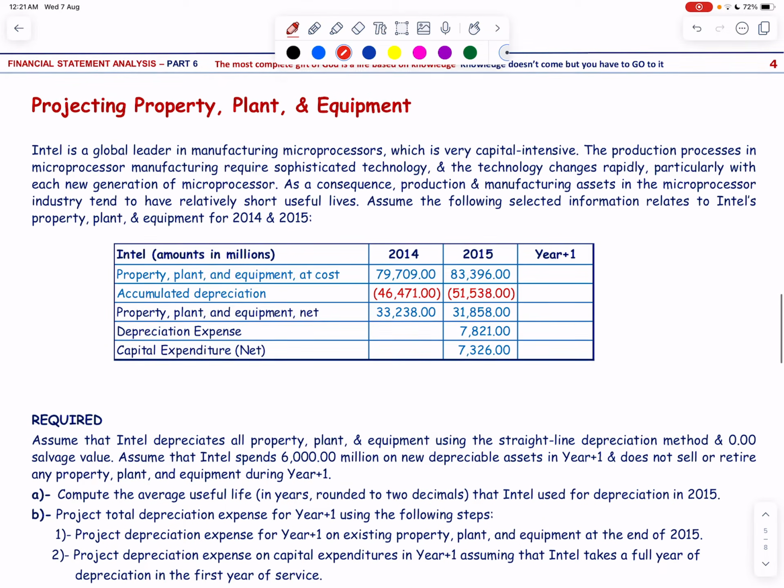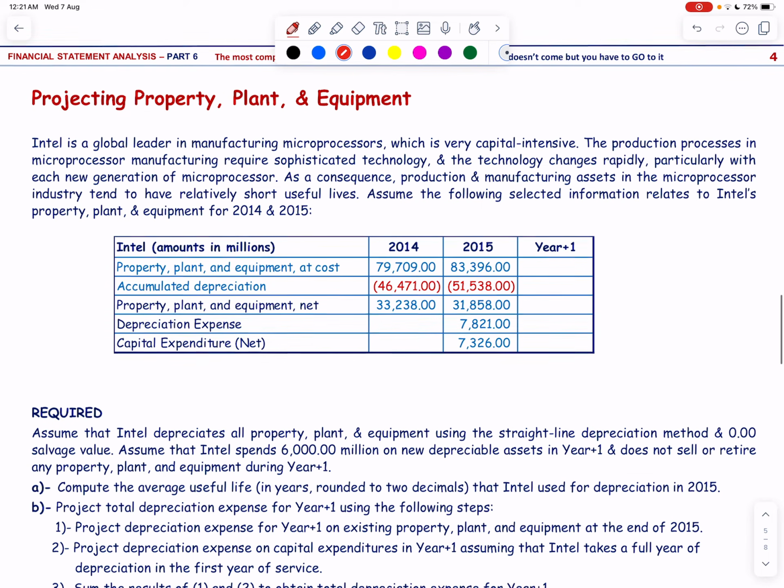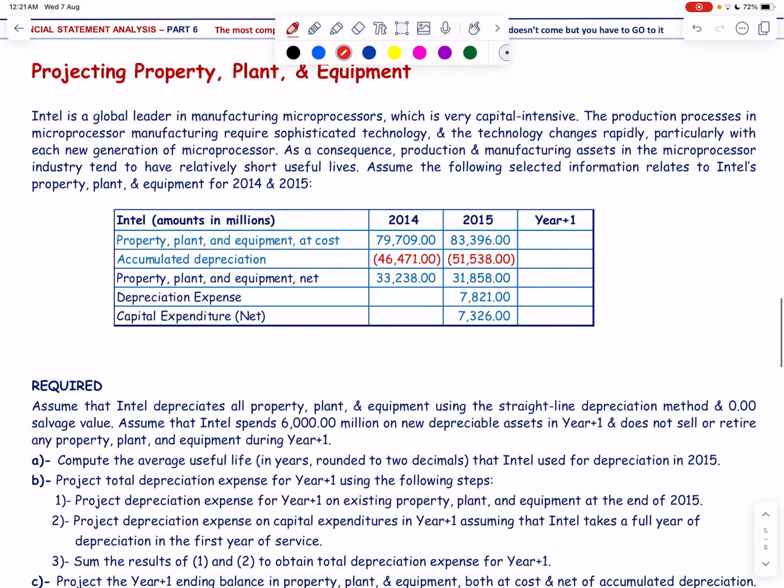And this is very interesting. We have to project the property, plant, and equipment. And Intel is a global leader in manufacturing microprocessors, which is very capital intensive.